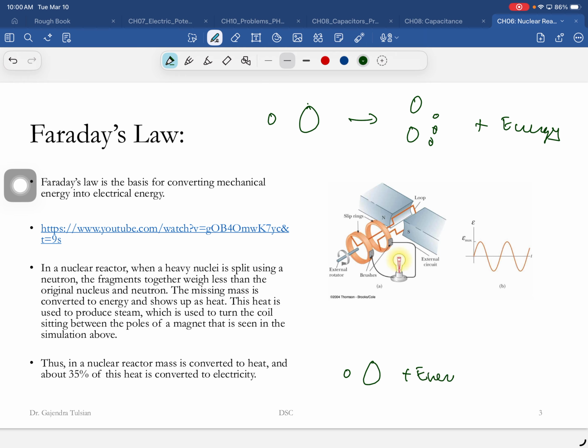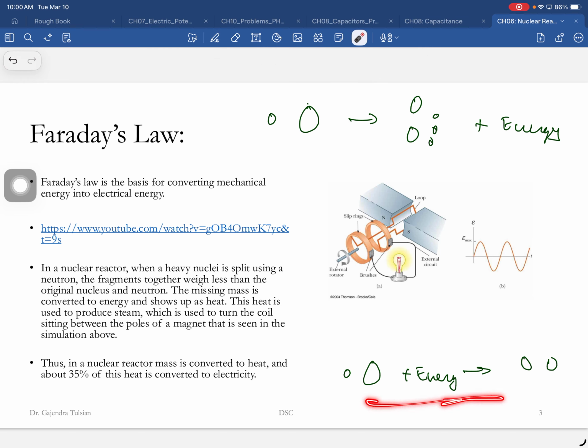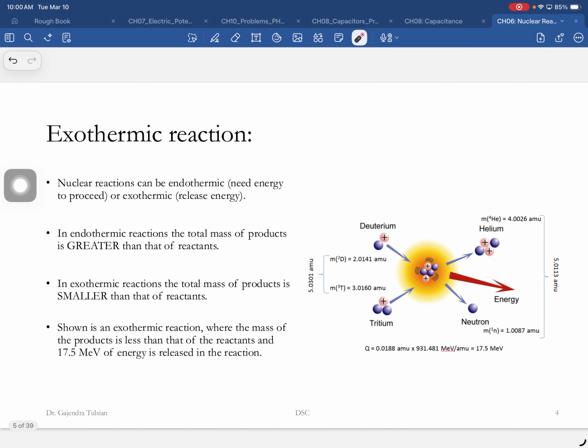There are nuclear reactions that are endothermic; you need to put in energy for them to go forward. We are interested in exothermic reactions, reactions that release energy.